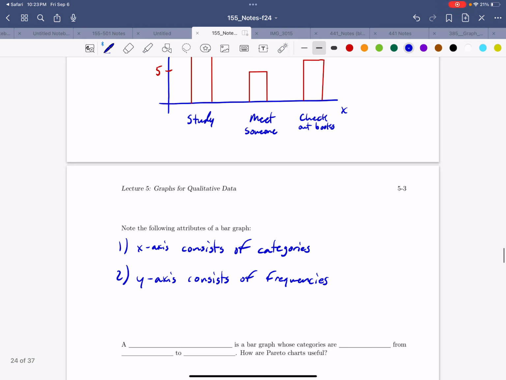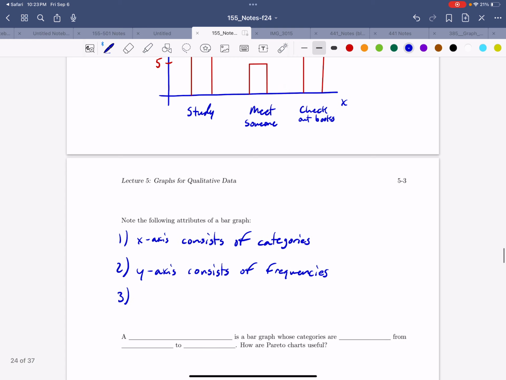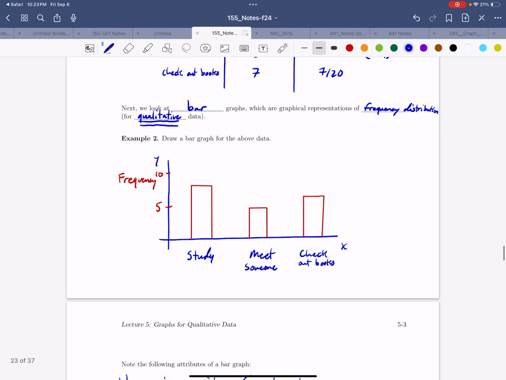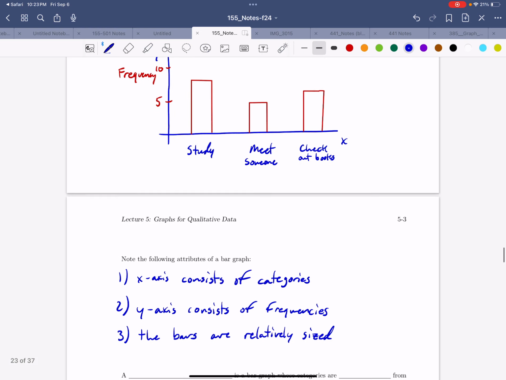And then the other two concern the bars. Maybe I'll put them in blue. The bars are relatively sized. The bars representing higher frequencies are higher. The ones representing lower frequencies are lower.